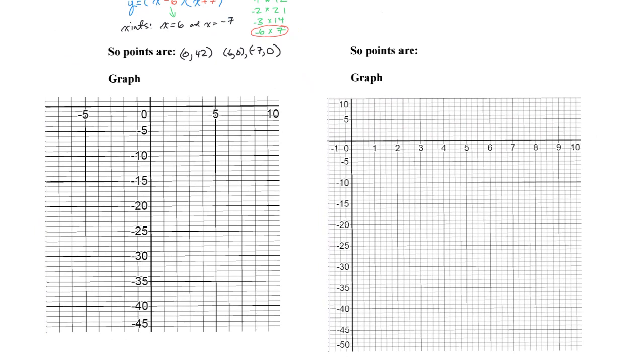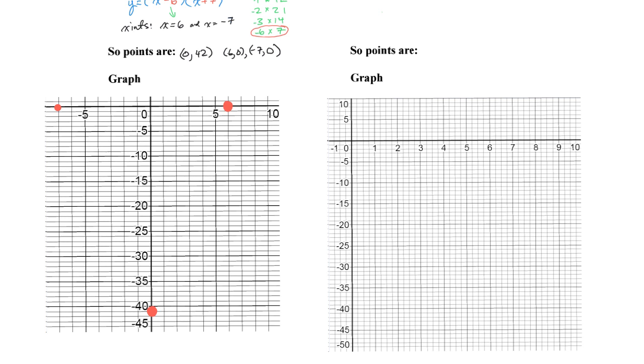If you take a look at the points, I'm going to make these points very big so we can see them. So the first point is 0, negative 42. So 0, negative 42 is right here. Okay? And then we have 6, 0 for our second point. So our point on the right is 6, 0, and our other point is negative 7, 0.